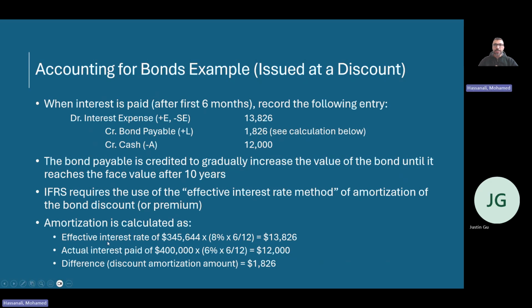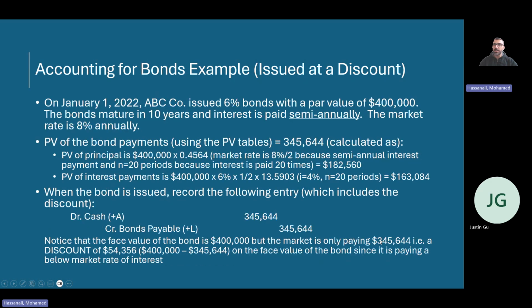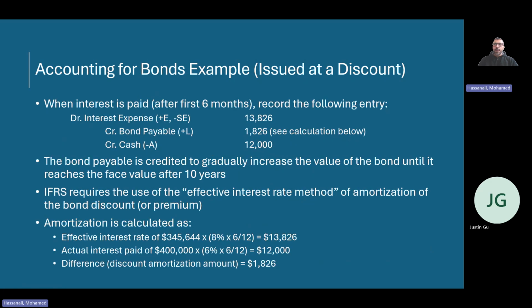To do that, you would take the value of the bond you recorded. You remember we started with 345,644 on day one. You multiply that by the market rate of interest, so in this case, it's 8%. And since you're paying it twice a year, so semi-annually, you're doing times 6/12. If you were making 3 interest rate payments, then this would be 4/12. If you were paying interest quarterly, this would be 3/12.